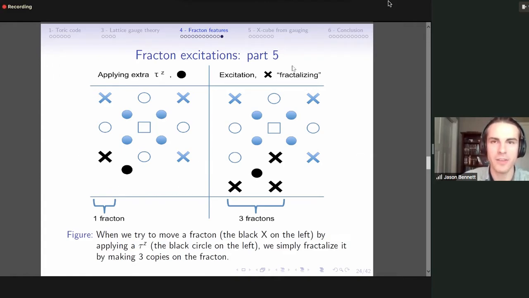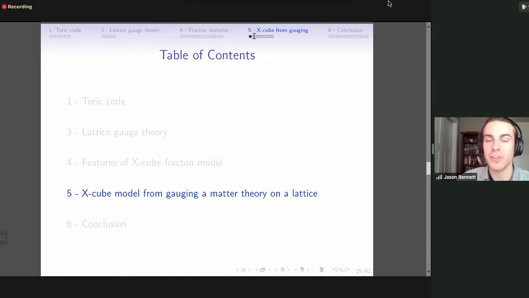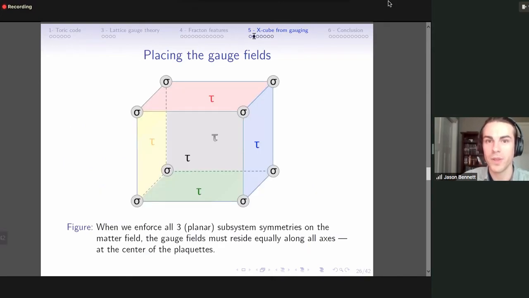And so now we get to the fun part, which is applying what we learned from gauging the transverse Ising model to get the toric code, to gauge some matter field on the lattice to get the X-cube model. With the toric code, it was natural to know where we would put our gauge fields based on what the toric code looked like.